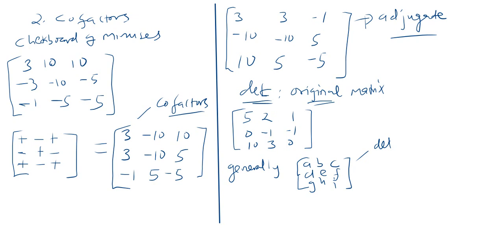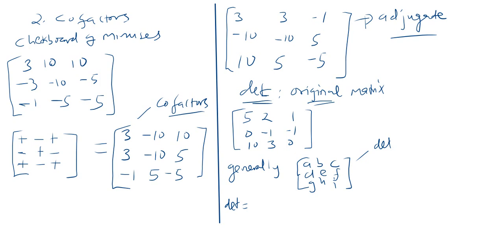In this case, we are getting the determinant of this 3 by 3 matrix. For A, we ignore its column and row.